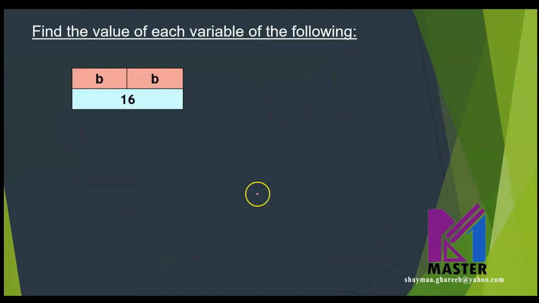Let's see an example. Find the value of each variable of the following. The variable here is called b, and we have b and b, which means that they are the same number. So b and b equals 16. Can you guess how much is b? Yes, b equals 8.